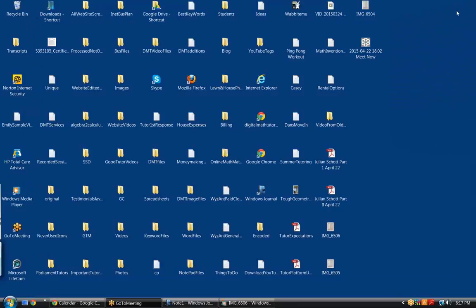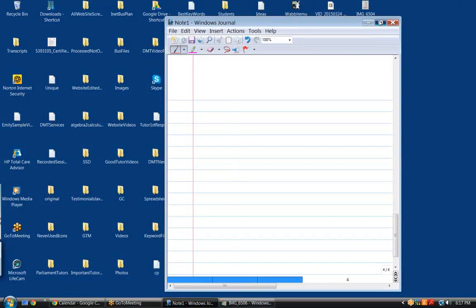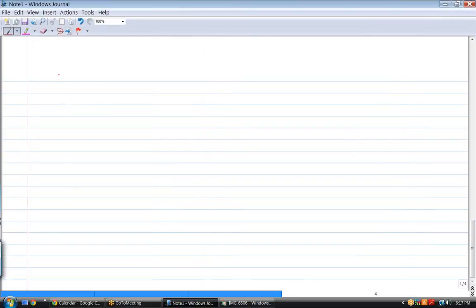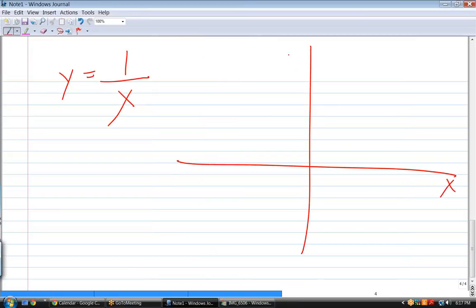Let's talk about the hyperbolic function. The most basic hyperbolic function is this, which graphs like this.